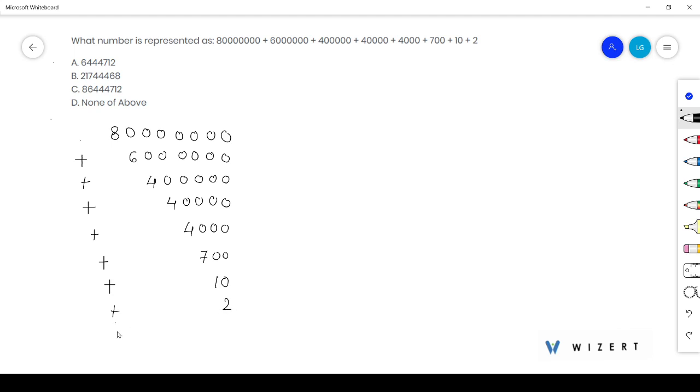Now add all this. Here 2, then 1, 7, 4, 4, 4, 6, 8.